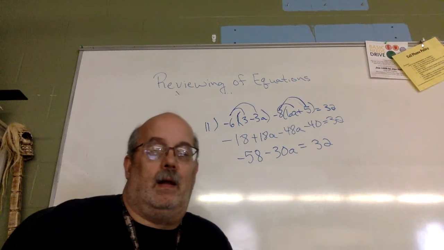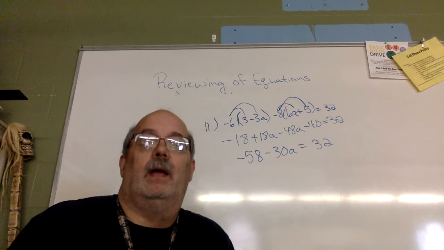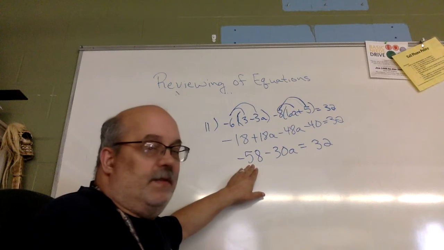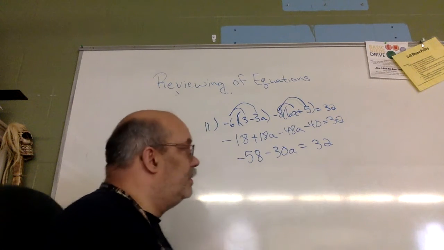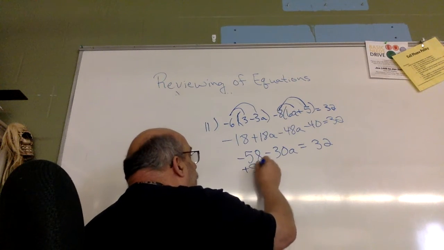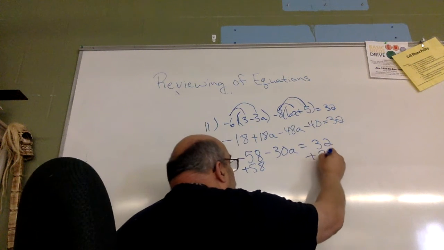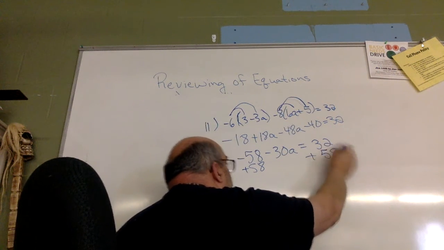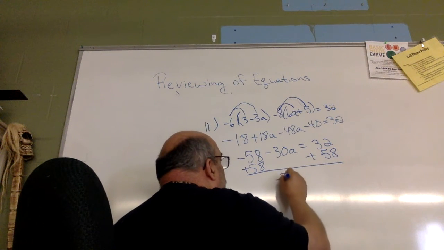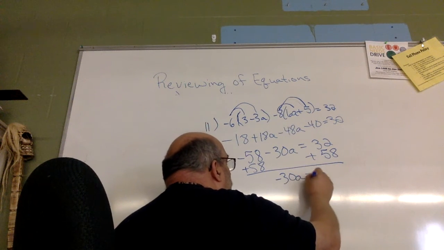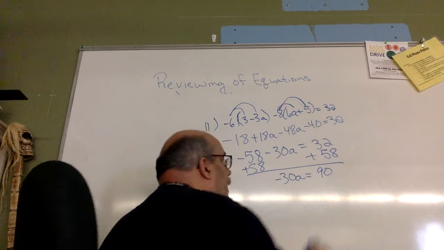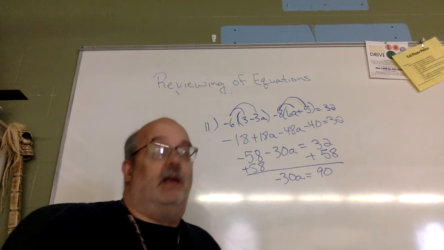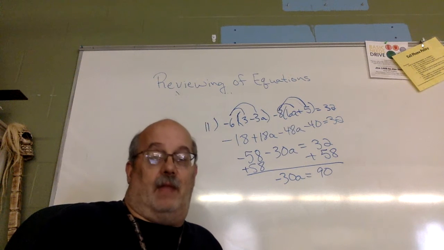So our second step is still to add and subtract. So we're going to get rid of the 58 by adding it to the 32. So I now have negative 30a is equal to 90. I need to divide in the third step.